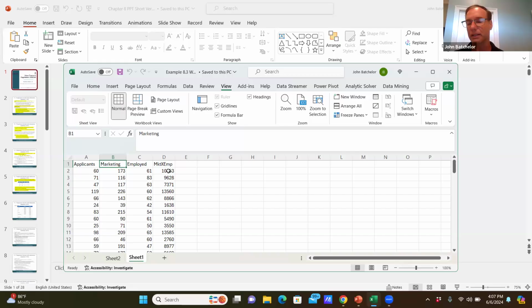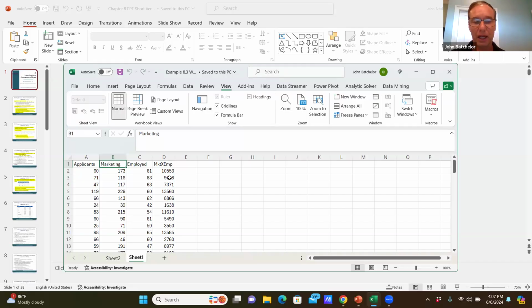And what that does is create an interaction effect. So we're saying that maybe marketing independently affects the thing we're trying to predict, and maybe employed predicts applicants, but maybe employed and marketing together have an interaction effect between the two of them. So they could have standalone effects and effects together.